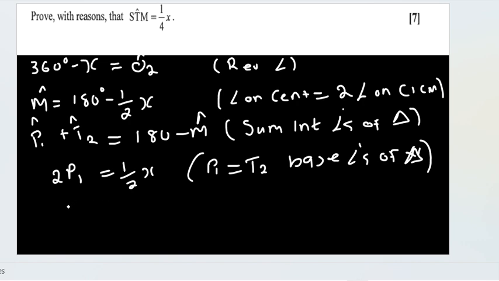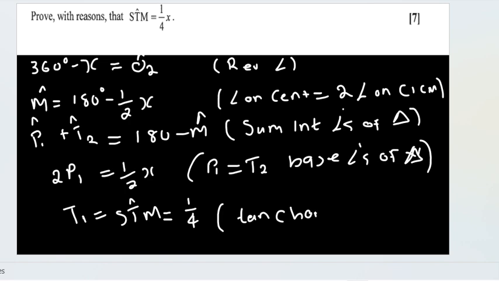So tell the marker that now T1, which equals STM, is equal to 1 over 4 X. The reason behind that is the tan-chord theorem. Thereby, you are done.